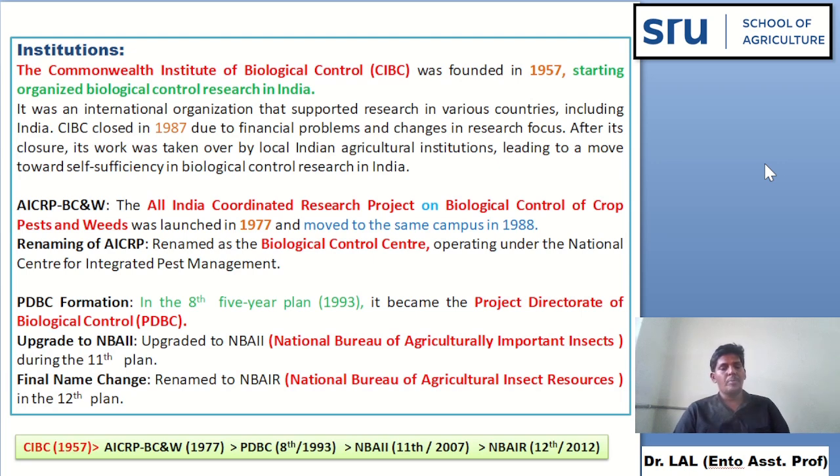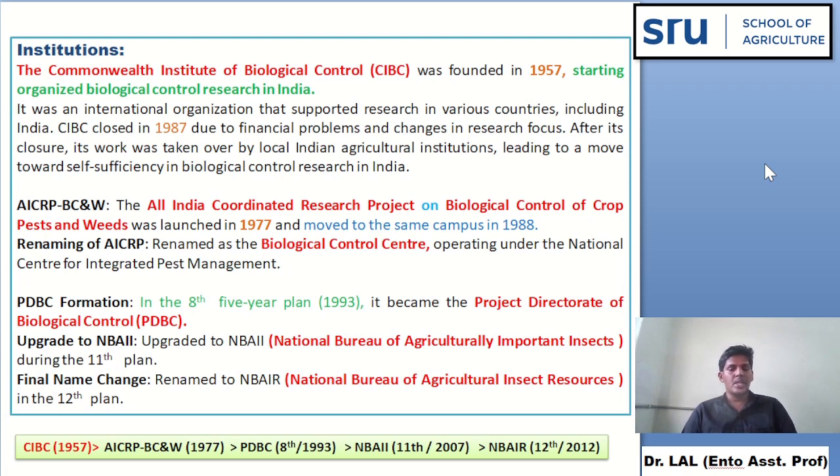Then it was formed as PDBC, that is Project Directorate of Biological Control, during the 8th five-year plan in the year 1993, and this was upgraded to National Bureau of Agriculturally Important Insects during the 11th five-year plan in the year 2007.